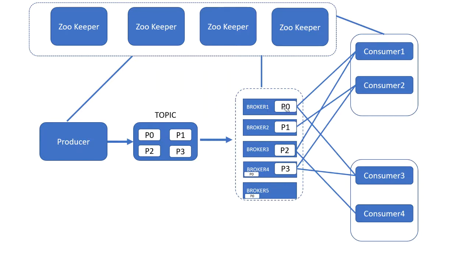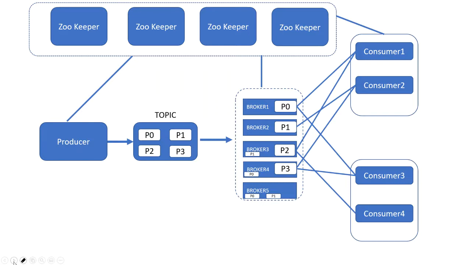If you see here P0, I have divided that, and I have also made a replication of P0, and the replication of P0 would be kept on broker 5. So I have the replication of P0 on broker 4 and on broker 5. Similarly, I have the replication of the P1 partition on broker 5 and on broker 3.